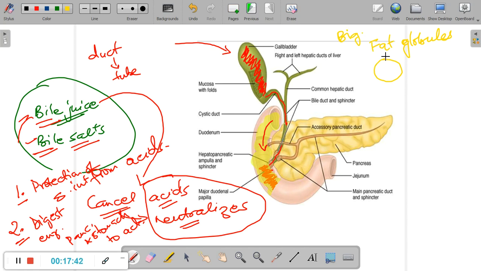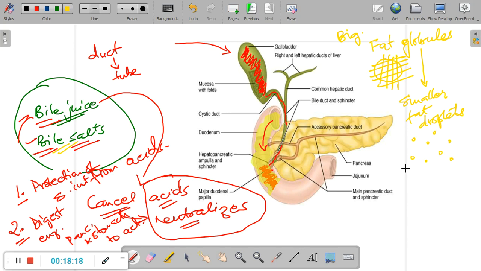Now, for the digestion of fat, these large droplets must be broken down into smaller drops. And how can these large drops be broken down into smaller drops? By the action of something called bile salts. So the bile salt breaks down these large fat globules into smaller fat droplets, and now we get these very tiny drops of fats.